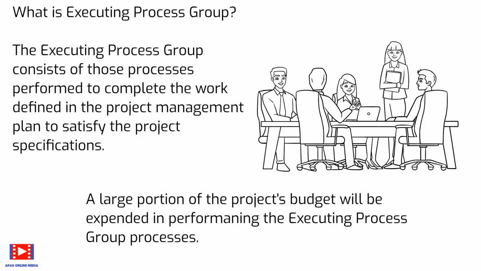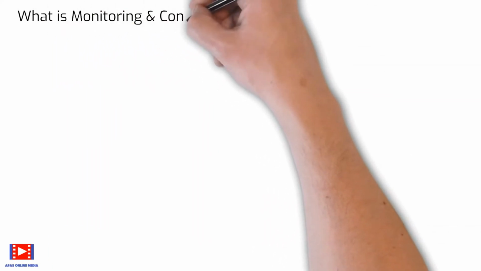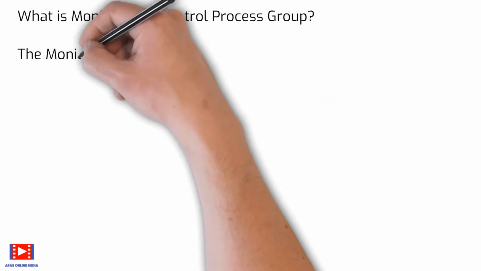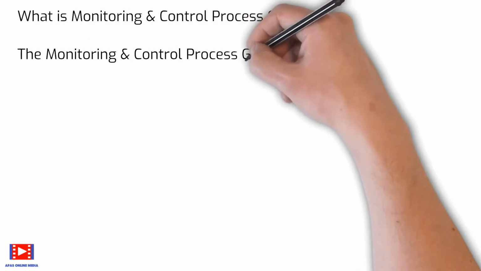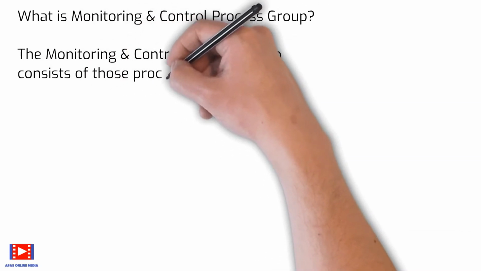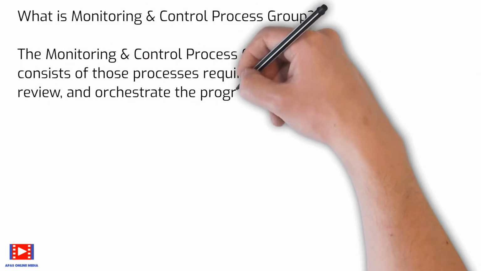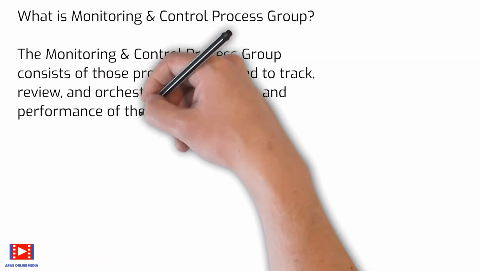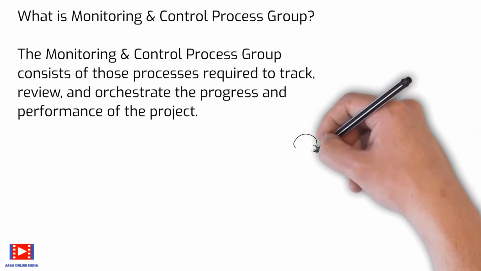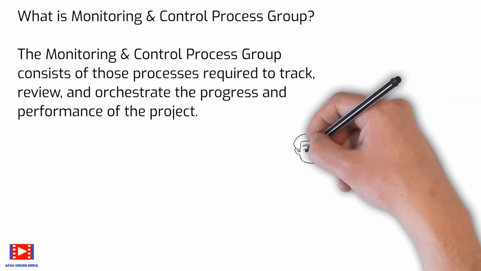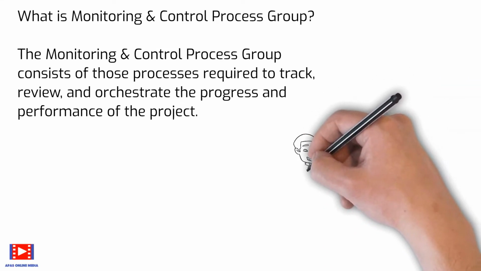What is monitoring and control process group? The monitoring and control process group consists of those processes required to track, review, and orchestrate the progress and performance of the project.